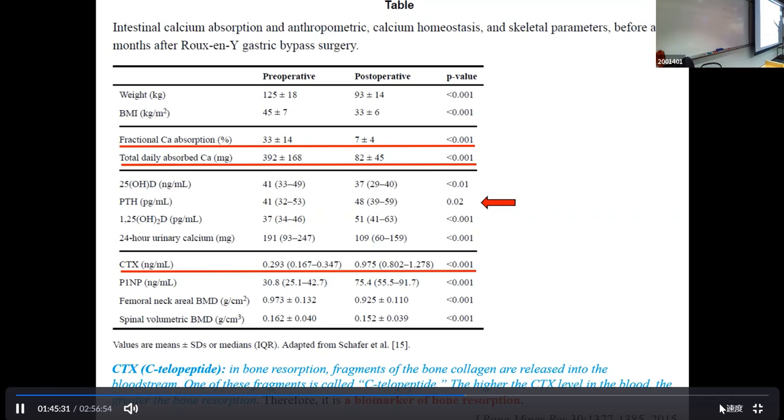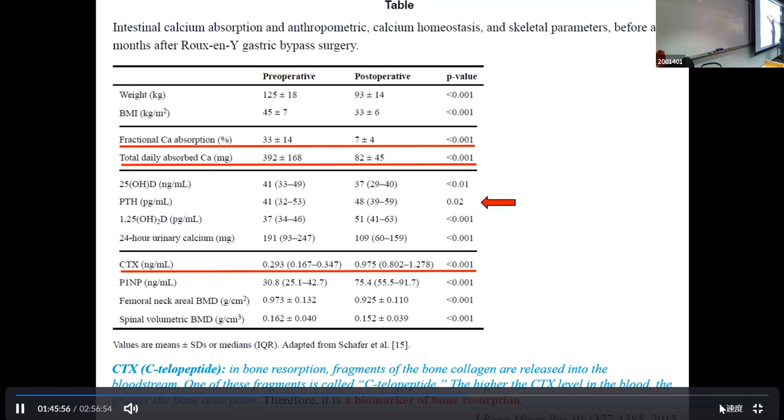So you have the pre-operative individual and 6 months after operation. Of course, the individual will lose weight. Before surgery is 125 kilo, now it's 93. 93 is still quite a lot, but compared to the original, it's already reduced.